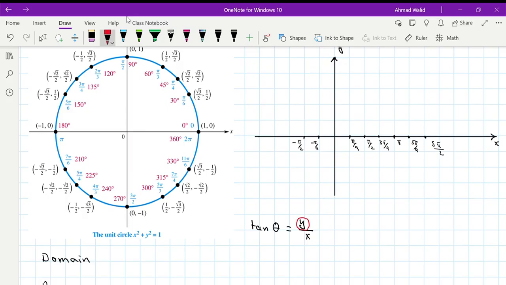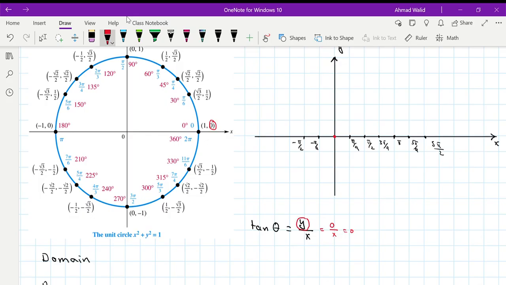If you start from this point, from 0, you see y is 0 when the angle is 0. And you see, if I plug in here 0, 0 over a number gives me 0. It means at 0, the graph of tangent has an x-intercept, which is (0, 0). Correct? Let's see where else the tangent y is 0.